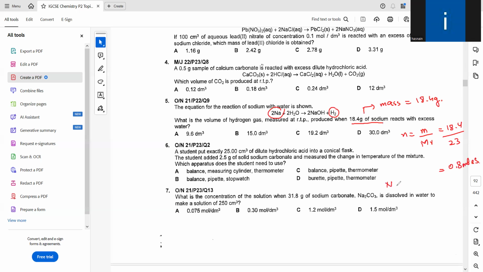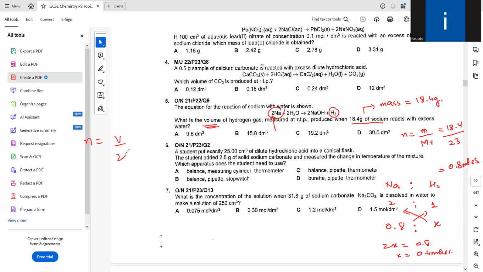Now you have to see the equation and write the coefficients. The coefficient of sodium is 2 and the coefficient of hydrogen is 1. Then you use the number of moles we just calculated. This becomes X. You cross multiply it, so this becomes 0.4 moles. But they're not interested in moles, they're interested in volume.